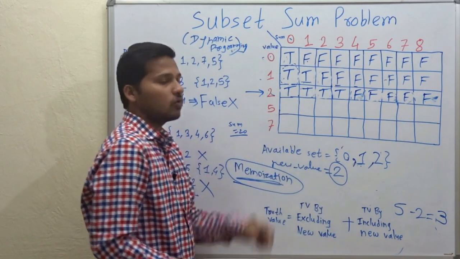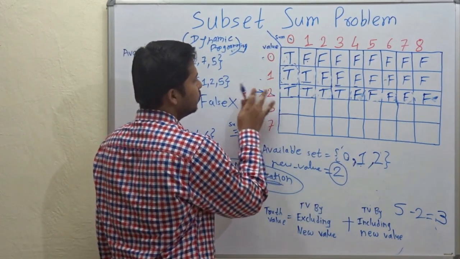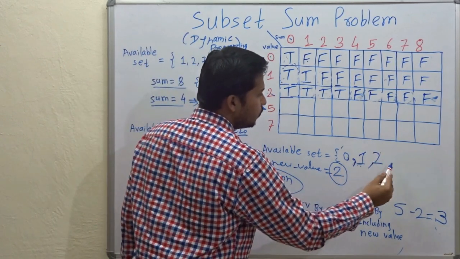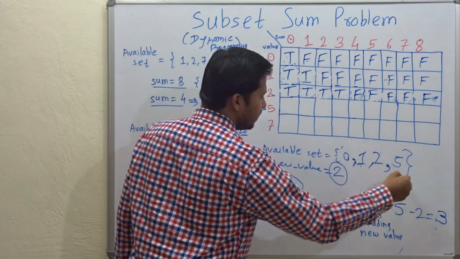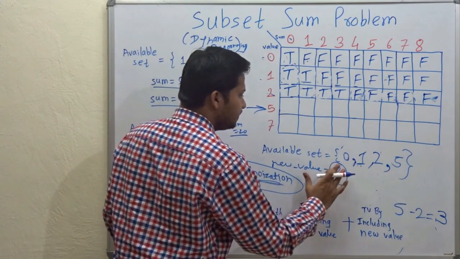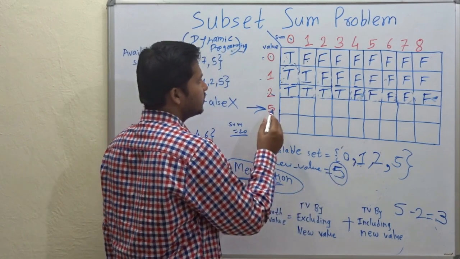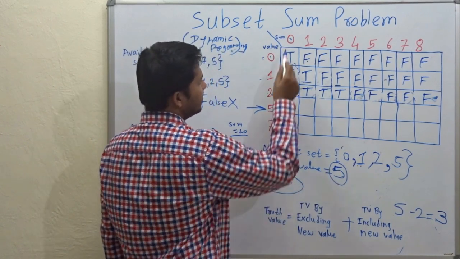Let's go to the next row. See, the new value is 5 now. Let's update it here. Now as the new value is 5, let's see, 5 is greater than 0.